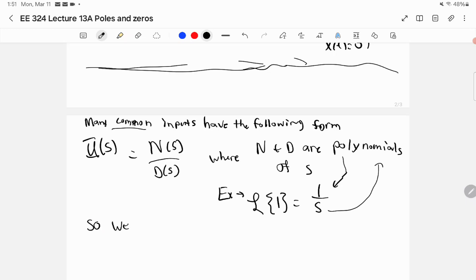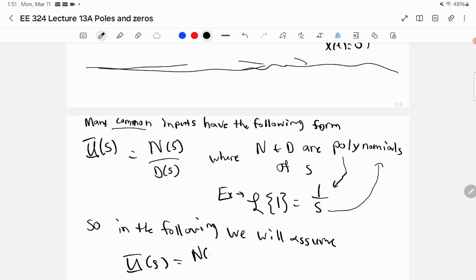So in the following, we'll assume this exact form, u of s equal to n of s divided by d of s. But we will keep in mind that this is not always true.